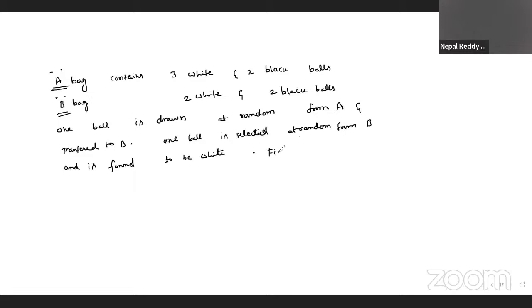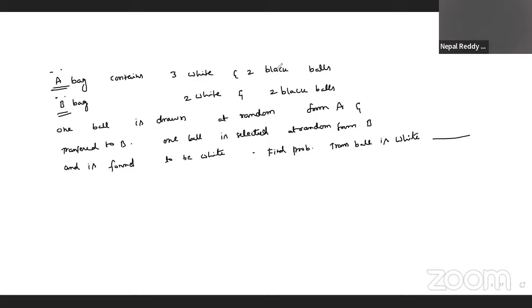Now the question is, find the probability that the transferred ball is white. This is the question.